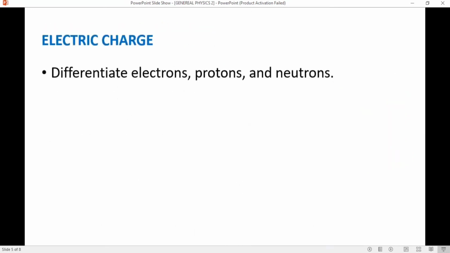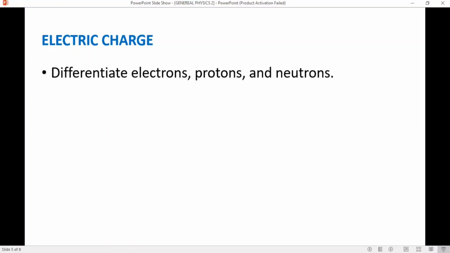Electric charge is composed of electrons and protons and neutrons. Electrons are negatively charged particles, protons are the positively charged particles, and neutrons are neutrals.